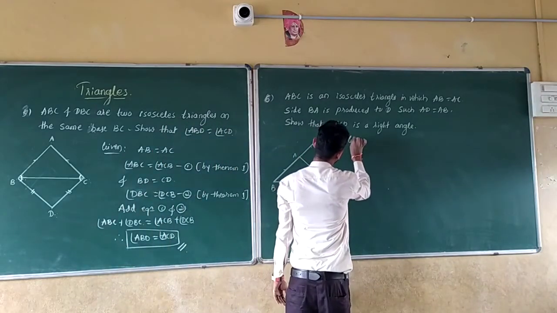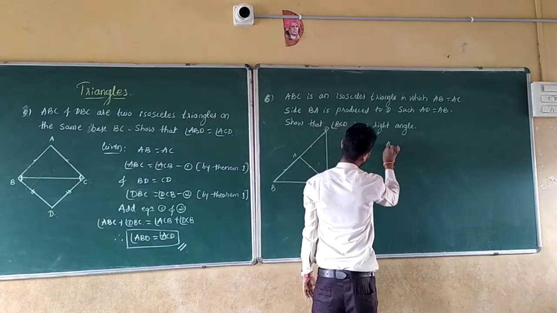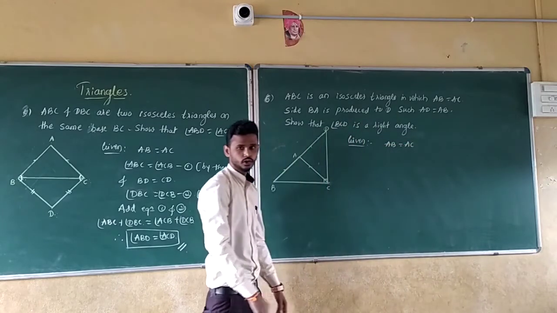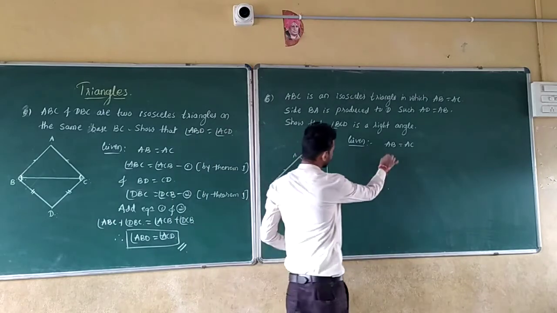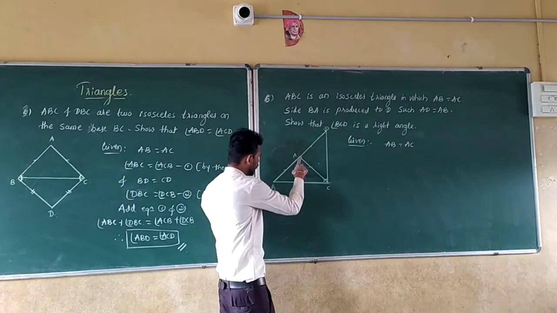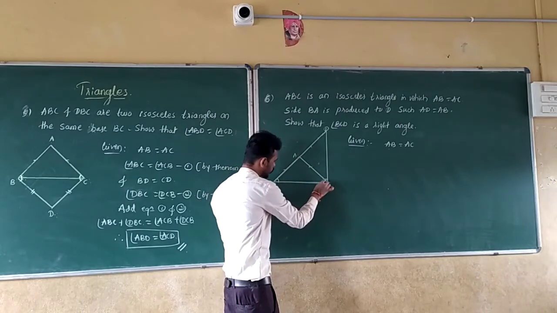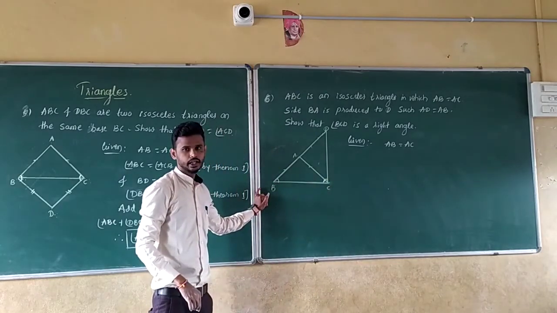Given, AB equals AC, so angle ABC equals angle ACB. These two angles will become equal. The angles opposite to the equal sides are equal by theorem 1.